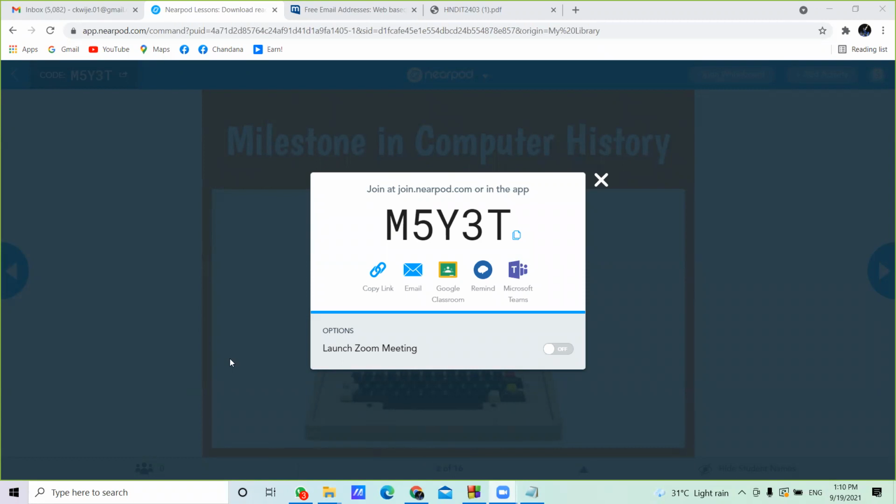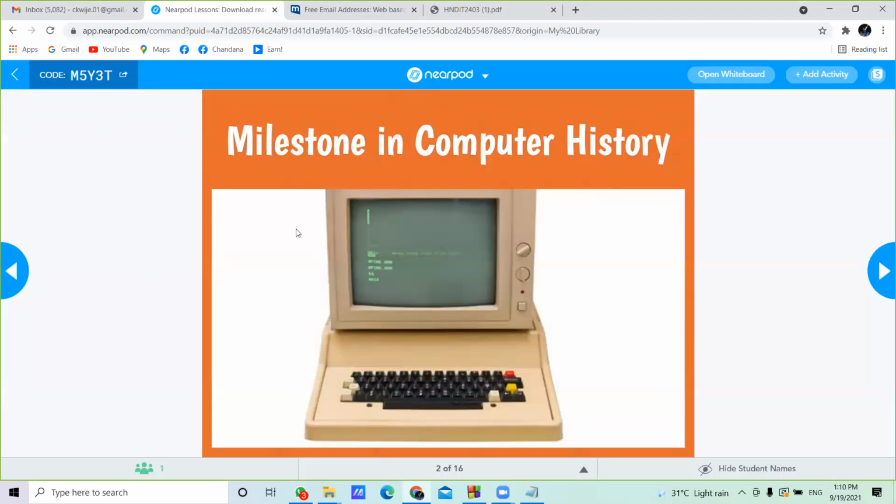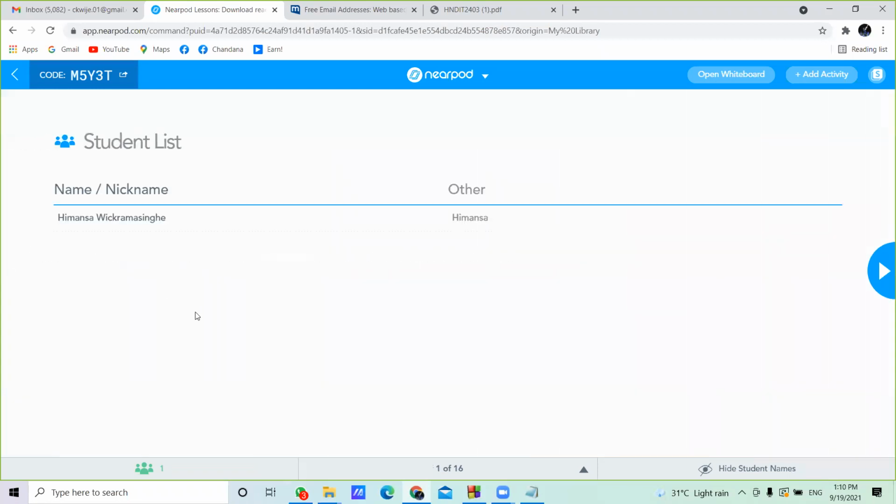Right. Okay. Then I think all of you got this join code. Then we'll see how many of you have joined. Still only one student has joined with this code, Himansa. Please try to join with this system. Others also. There are 14 students here with me in the Zoom session. 14 of you are here, but only one. Now only 2 students have joined.